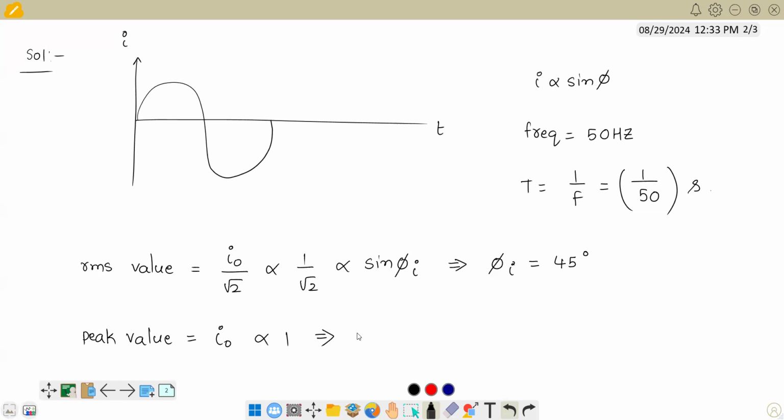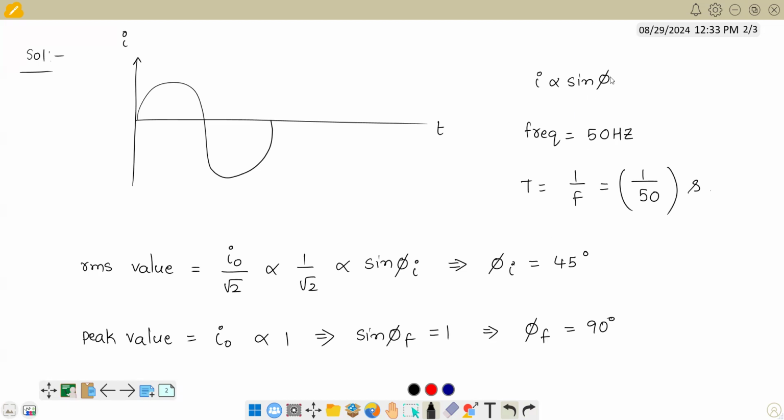Similarly, with the same logic, if sin phi, or final value, is equal to 1, we can say the final value of the phase must be equal to 90 degree, because we want the minimum value of the time. So initially it is 45 degree, final is 90 degree.